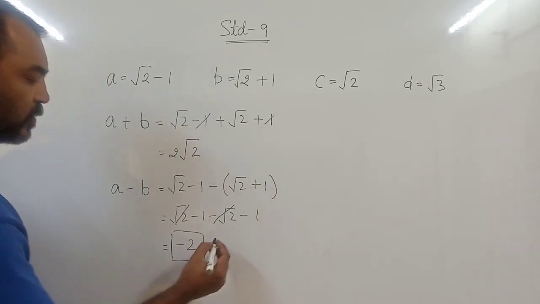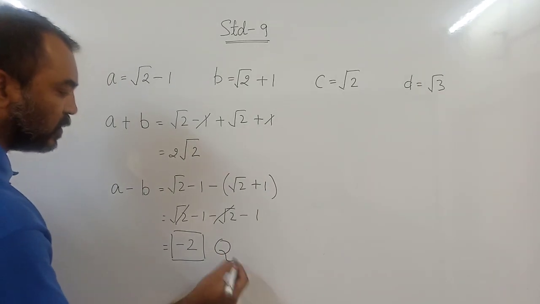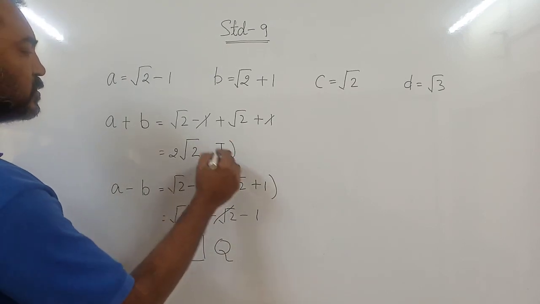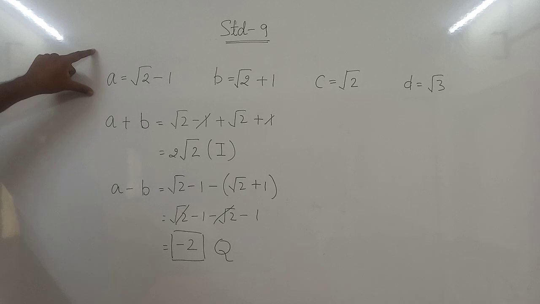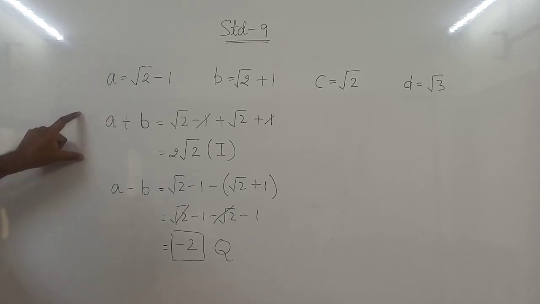So in this case, the answer became a rational number. The earlier one remained irrational, but this became rational. So you can see when you add or subtract 2 irrational numbers, the answer can be irrational and also rational.